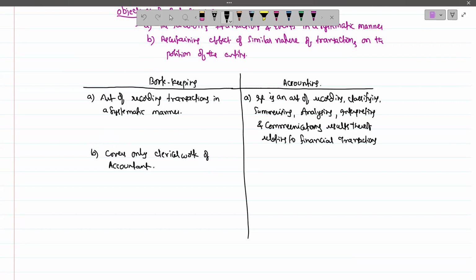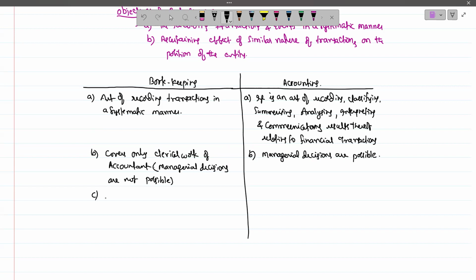And as we discussed, bookkeeping covers only the clerical work of the accountant, and it means managerial decisions are not possible here. But in accounting, managerial decisions are possible. Generally, accounting is done by professionals.